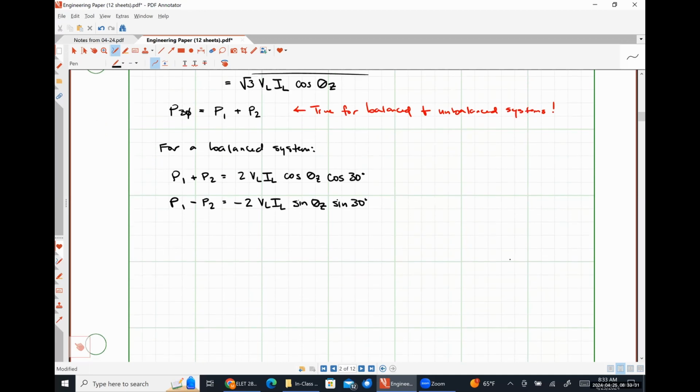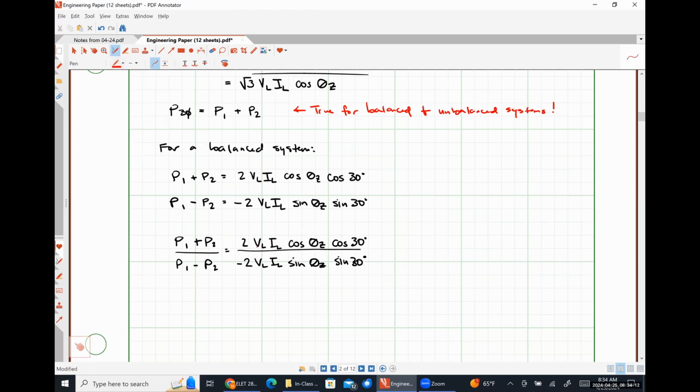So if I take the ratio of P1 plus P2 divided by P1 minus P2, I'm going to have twice VL IL cosine theta z cosine 30 degrees divided by -2 VL IL sine theta z sine 30 degrees.